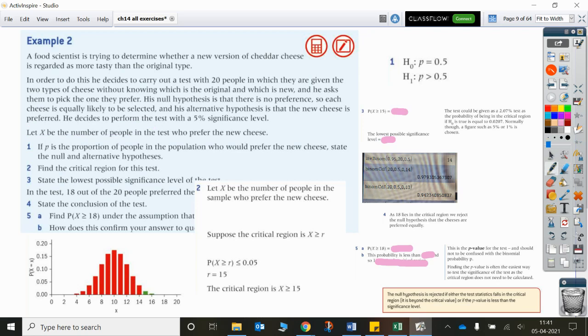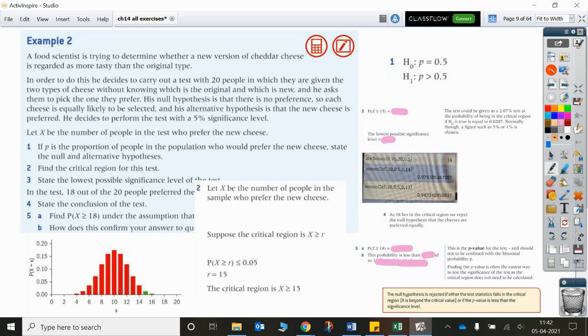So what they're saying is there is some value here where we're going to be within this region. What we want is for that probability to be less than or equal to 0.05. We certainly don't want that value to include 6%. So 5% is the best amount of significance we could potentially have here.